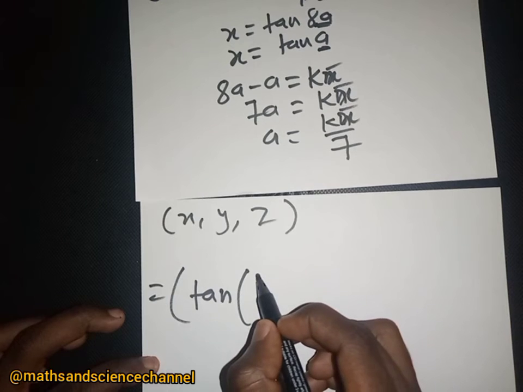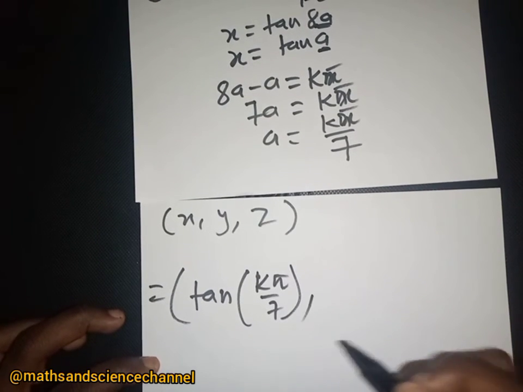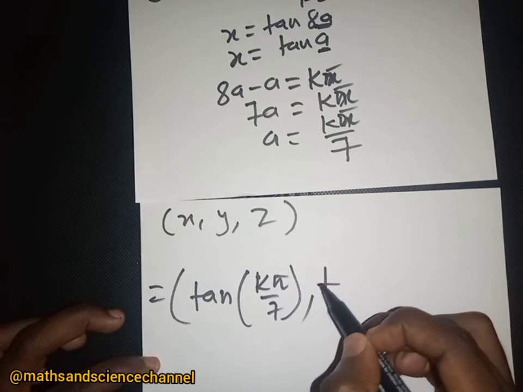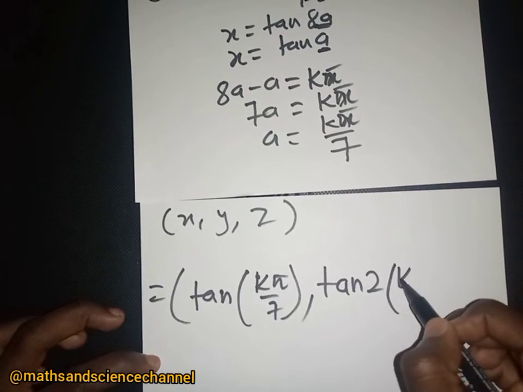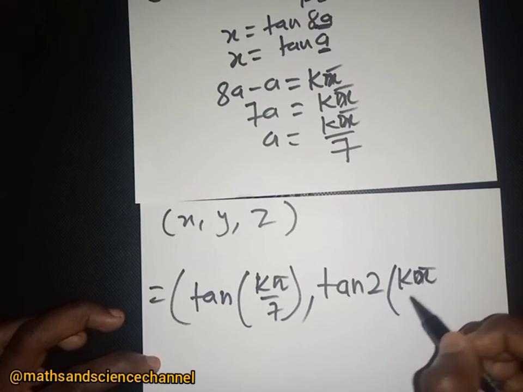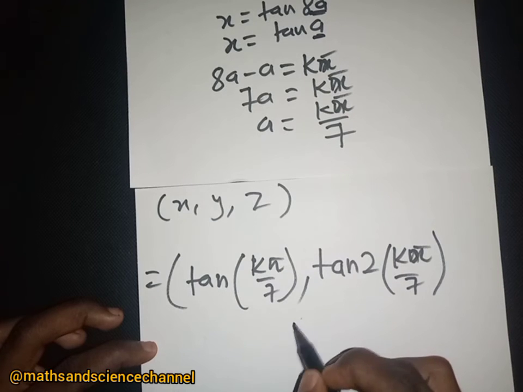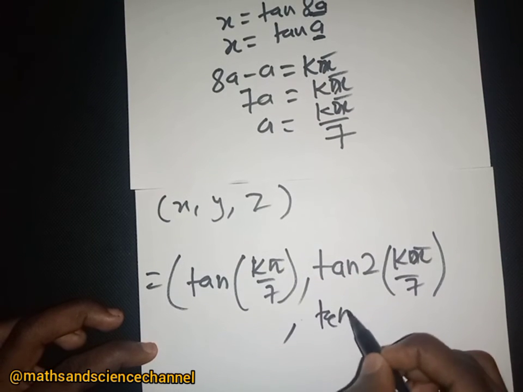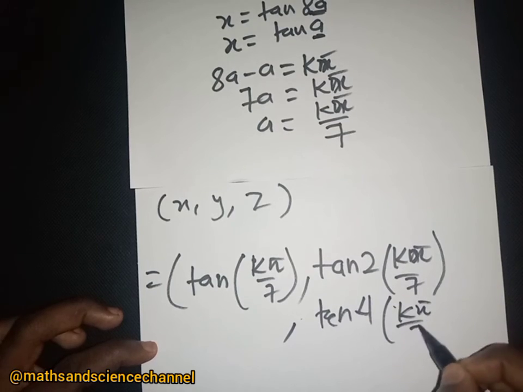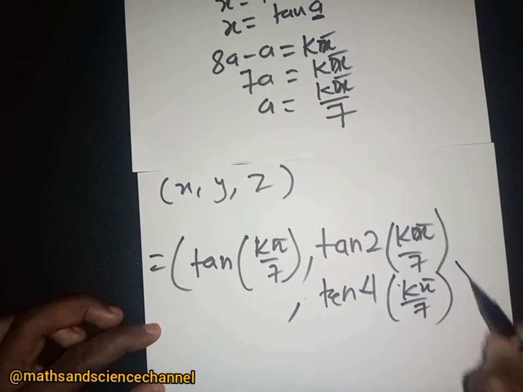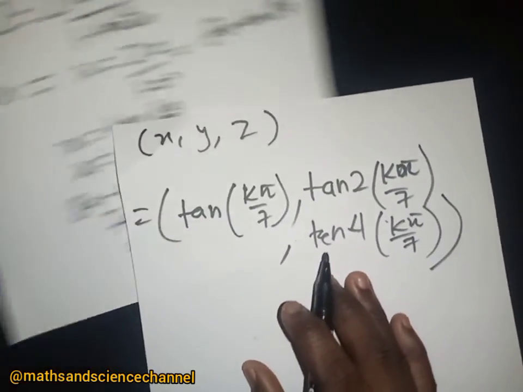So for tan a it is just tan of k pi over 7, so that will be for x. Now for y, we said that it is tan 2a, so tan of 2k pi over 7. Then for z we said it's tan 4a, where a is k pi over 7. So this is what we have for each of the variables in this case.